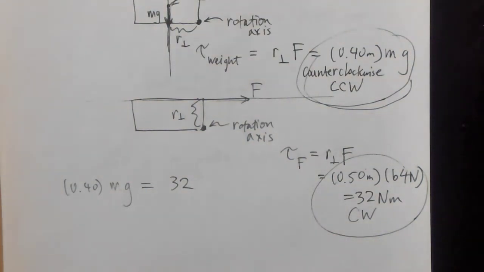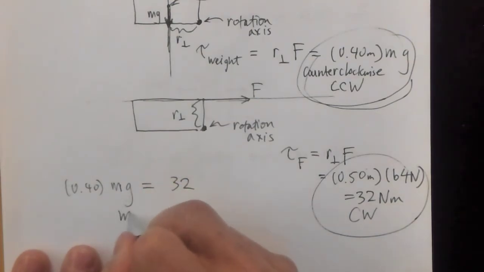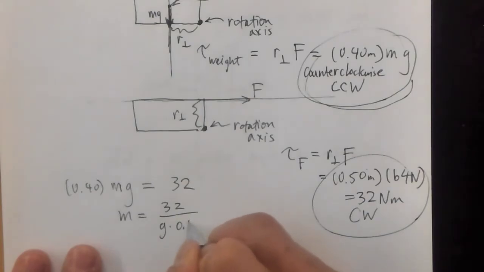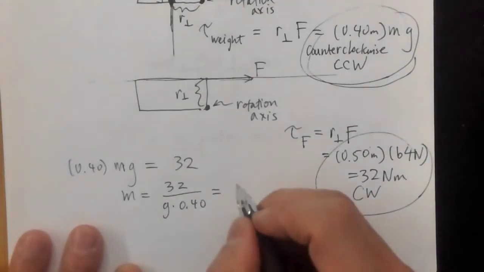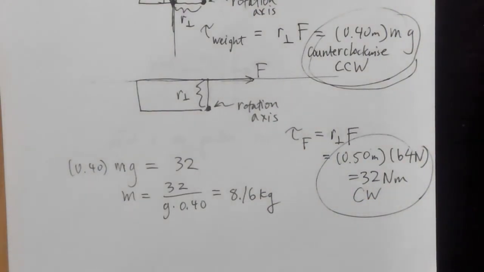Let's take the units off. And so m is equal to 32 divided by (g times 0.4), and that comes out to 8.16 kilograms. Any questions about that?